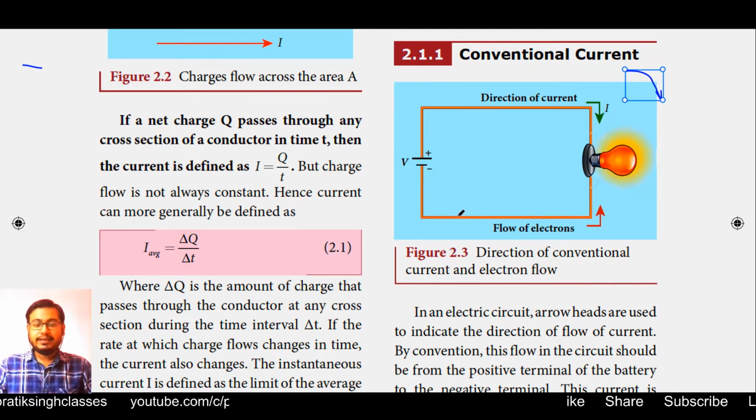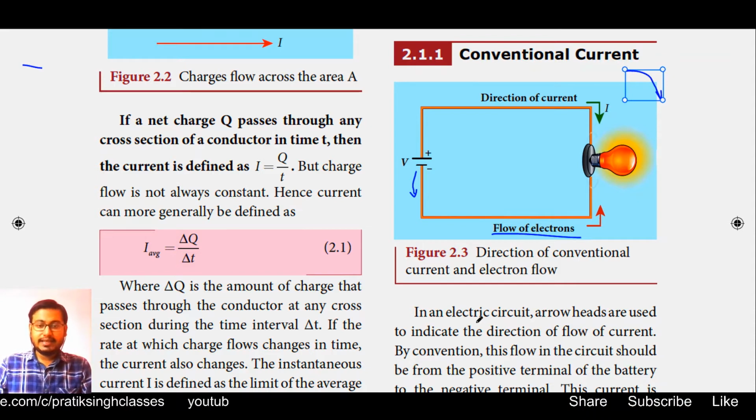But in reality, the direction of flow of charges is from the negative terminal of the battery outside, to the conductor, to the load, and again back to the positive terminal of the battery. So always be clear in the concept that the direction of current and the direction of flow of electrons are totally opposite to each other.